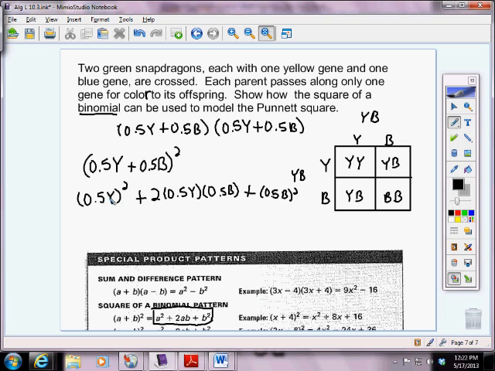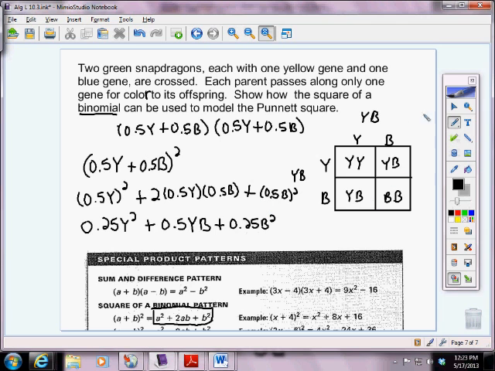So now when we simplify this, 0.5 y squared becomes 0.25 y squared plus 2 times a half is a half, 0.5 yb, plus 0.5 b squared is 0.25 b squared.